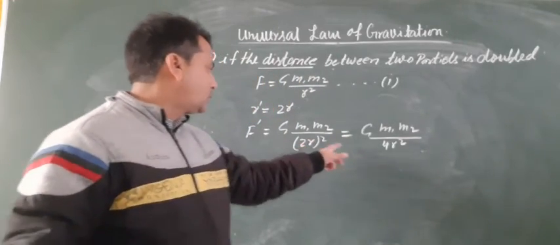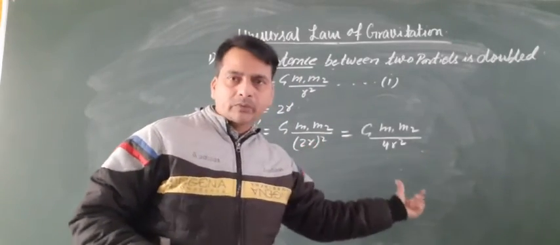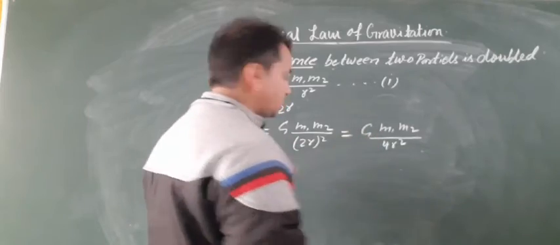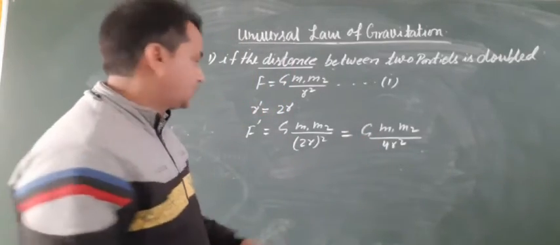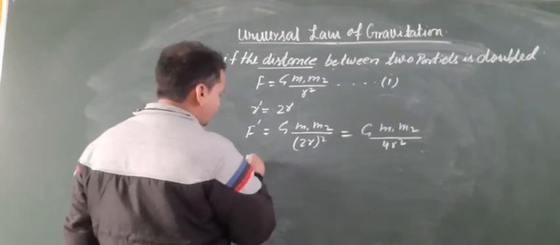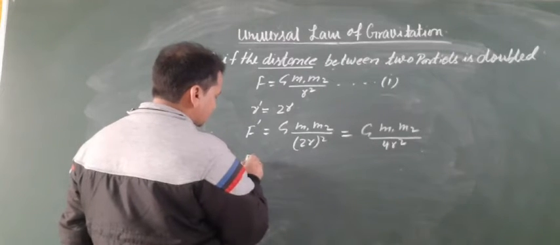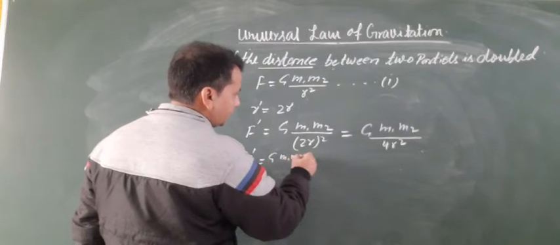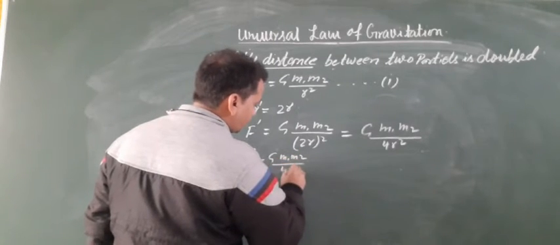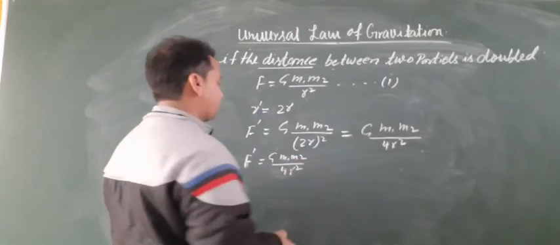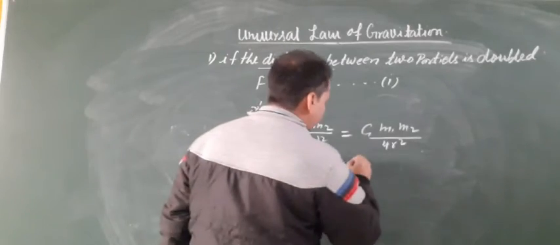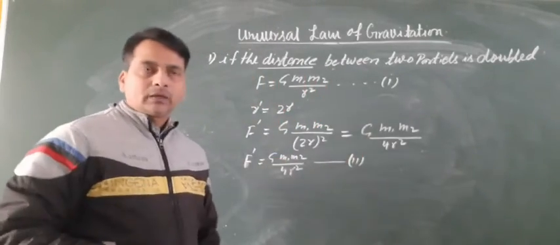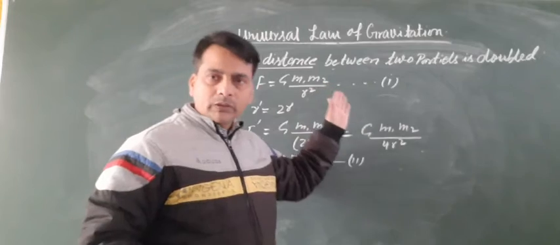Square of 2 is 4 and square of r is r square. So the new gravitational force, that is F dash equal to G m1 m2 by 4r square. That is equation 2.